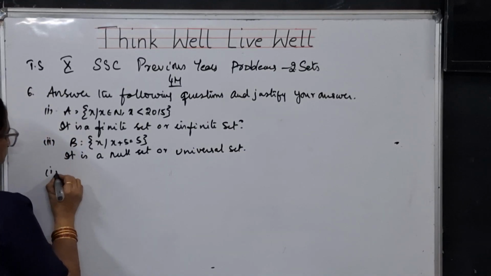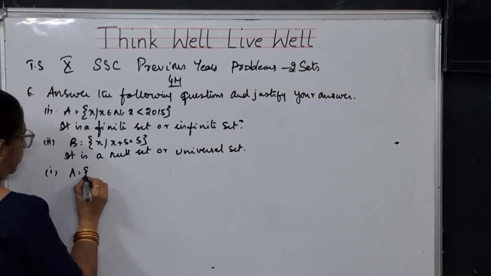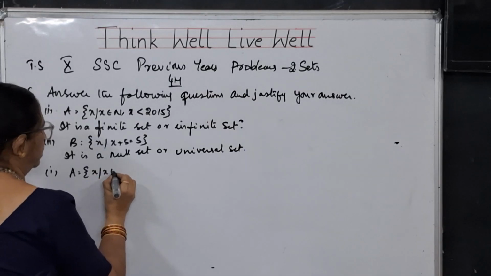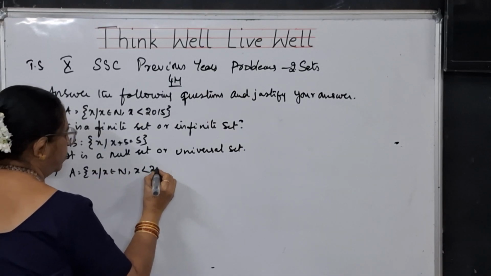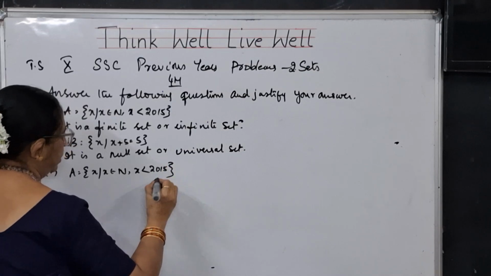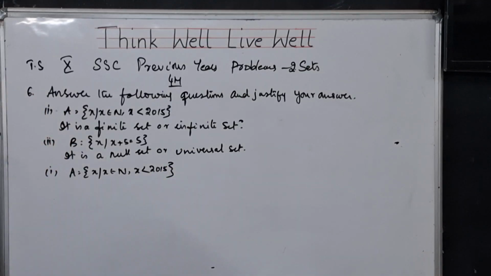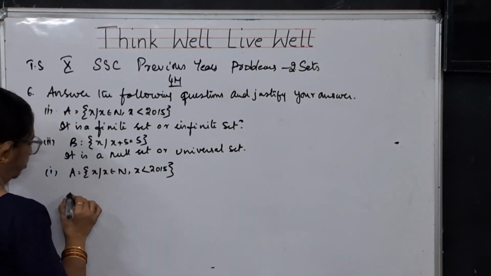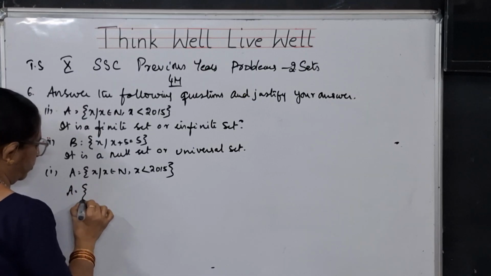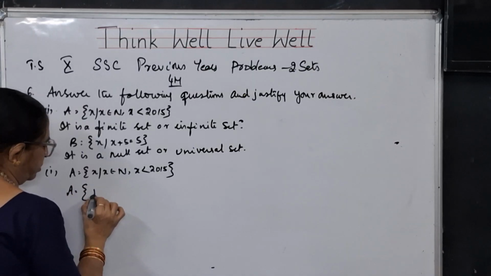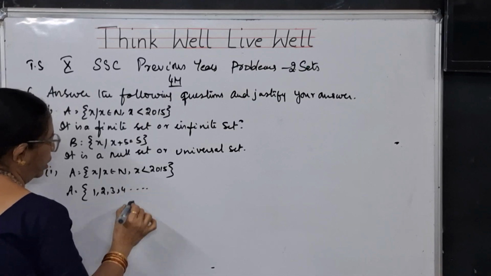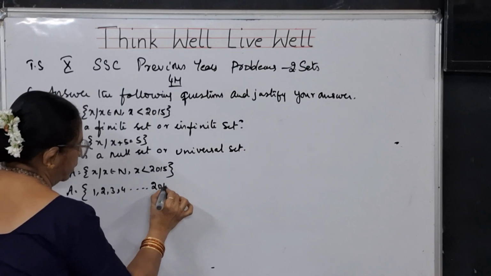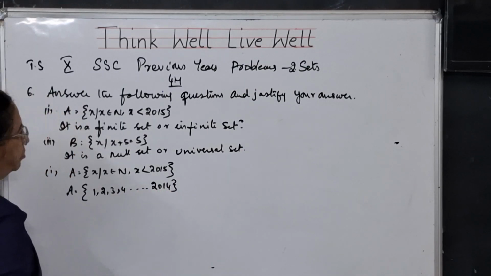Sorry children, let us see the first one. A is equal to x such that x belongs to natural number, x is less than 2015. X less than 2015 means, children, if you write element-wise, natural numbers start with 1, 2, 3, 4, and so on up to 2014 you will be having the elements.